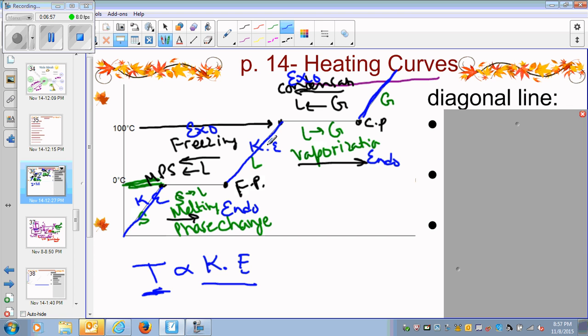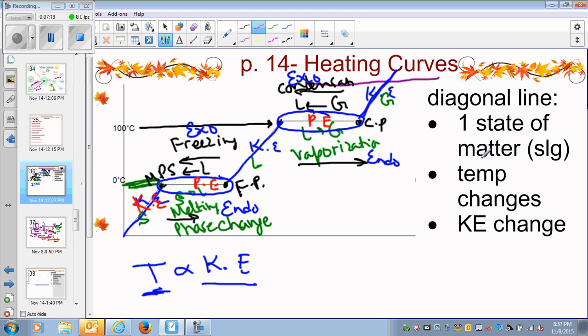Kinetic energy does not change during phase change. So here kinetic energy does not change because there is no temperature change. So what is changing when kinetic energy doesn't change? It is potential energy that is changing. So potential energy changes during the phase change, and the kinetic energy changes during the temperature change.